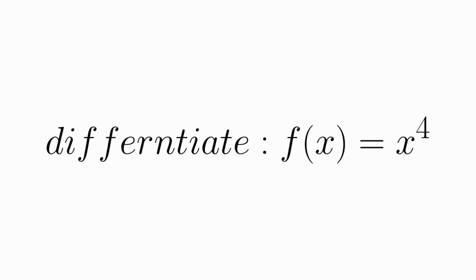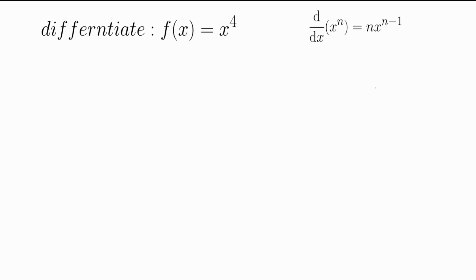Let's differentiate our function f of x is equal to x to the 4th. So we're asked to differentiate f of x equals x to the 4th. And let's use our same rule right here. So the derivative, let's use this notation, df over dx, is going to equal, we bring down the power and then subtract 1 off the power.